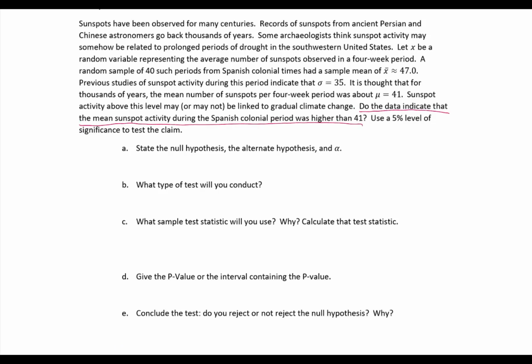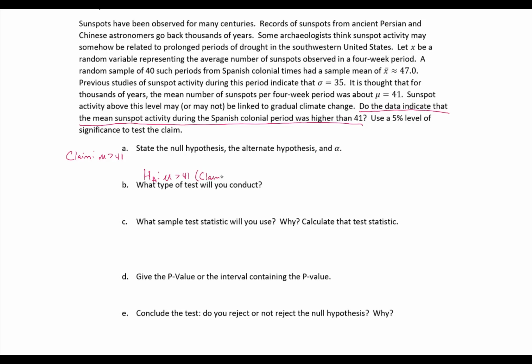So our claim here, and remember it's usually going to be easiest to start with what your claim is, is that the mean activity was higher, so greater than 41. Because this does not have equality, that is going to be our alternative hypothesis. So our alternative hypothesis is mu is greater than 41.